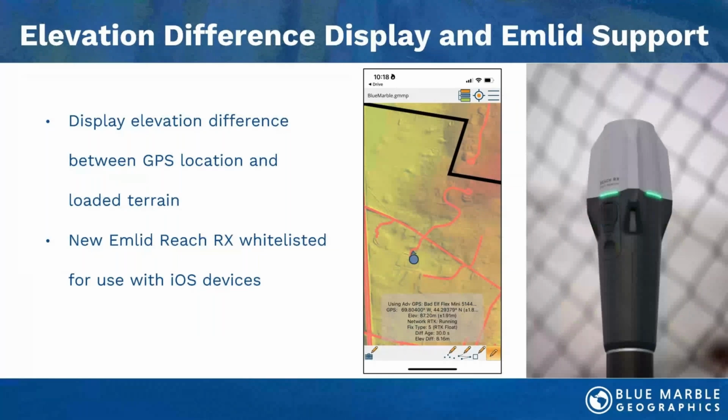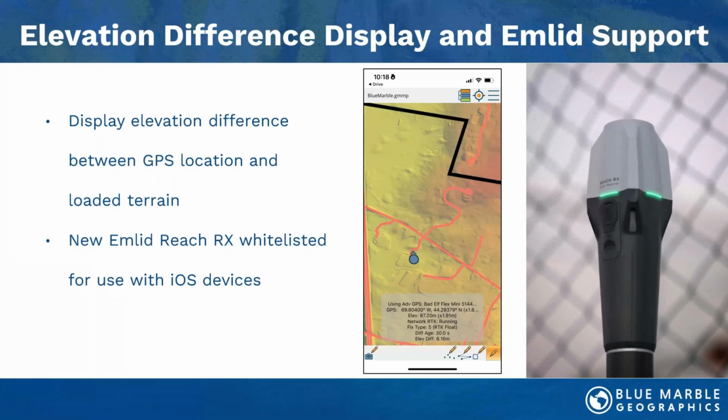Moving on to Global Mapper Mobile Pro and some new features on this side of things. We have some exciting location-based updates. On the elevation side of things, it's very common for us to be in the field with some type of elevation data, raster terrain data, whether that is something in your GMMP or something from an online source you've added, or maybe somebody sent you a file that you added into an existing GMMP.